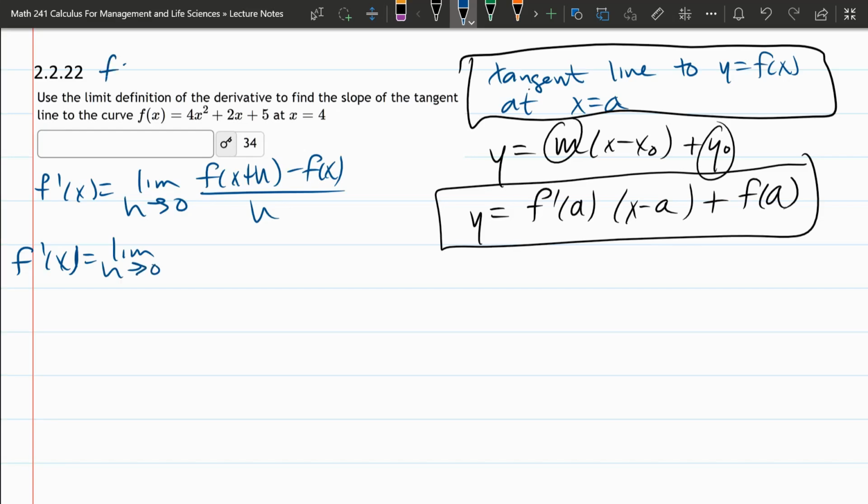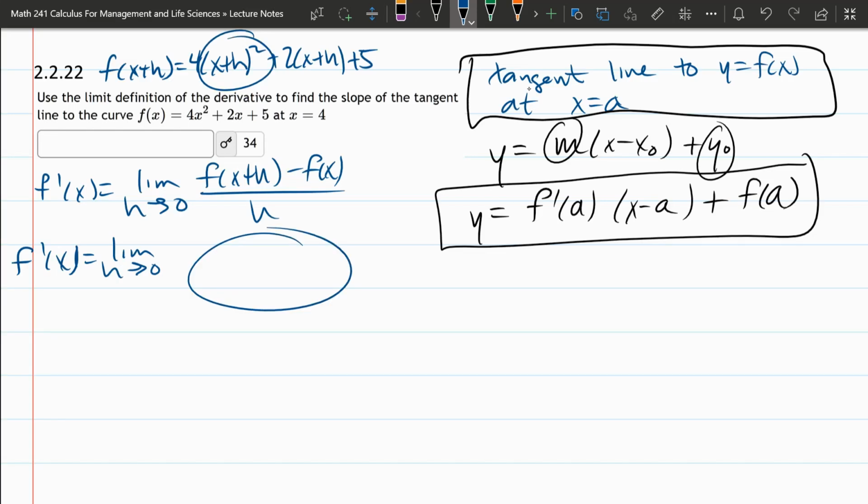All right, one of the trickiest parts is finding f of x plus h. So here we have 4 times (x plus h) squared plus 2 times (x plus h) plus 5. All right, I'm going to do the squaring right down here. So I need a big fraction.